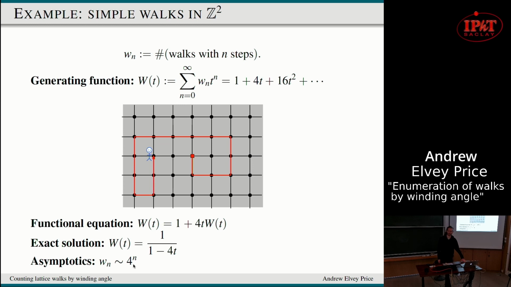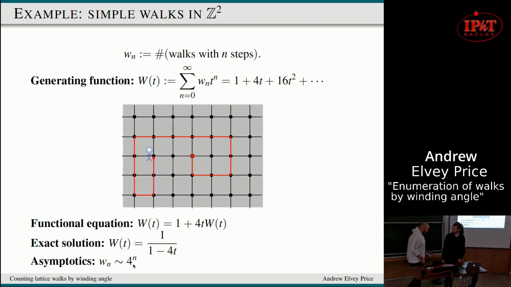So there's a relation between the fact that it has a simple pole and the asymptotics. I guess there's some sort of physical interpretation as well.